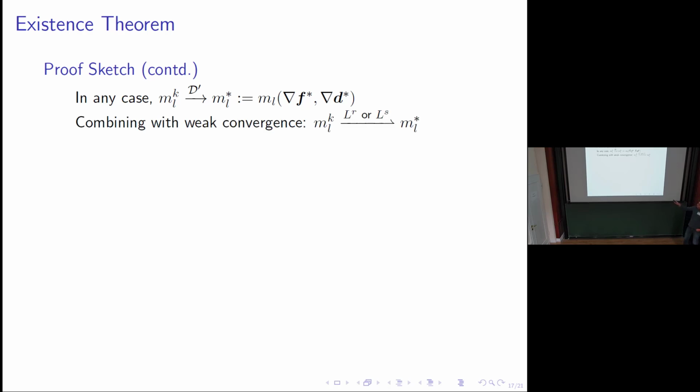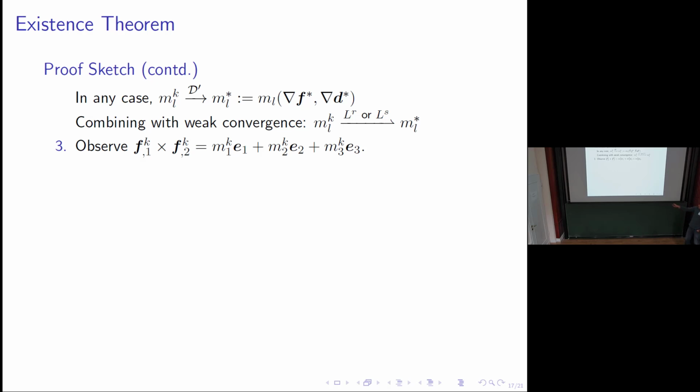And then you combine that with the weak convergence result that we got earlier, and you can conclude that M_L^k converges to M_L star in L^r or L^s. And then we're left with showing that the J's converge, because the lower semicontinuity result required that to converge weakly in L1.